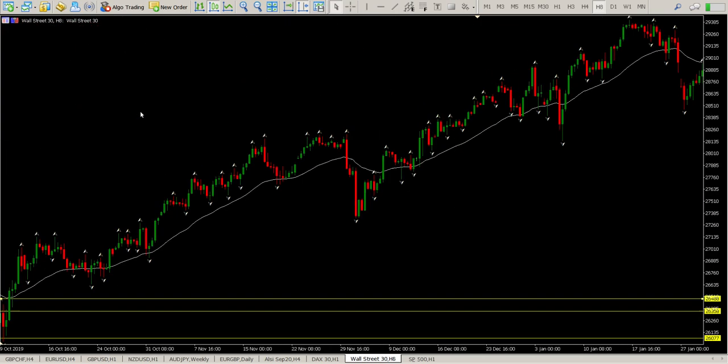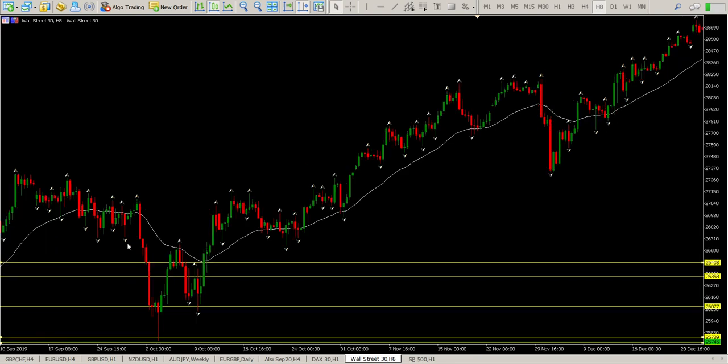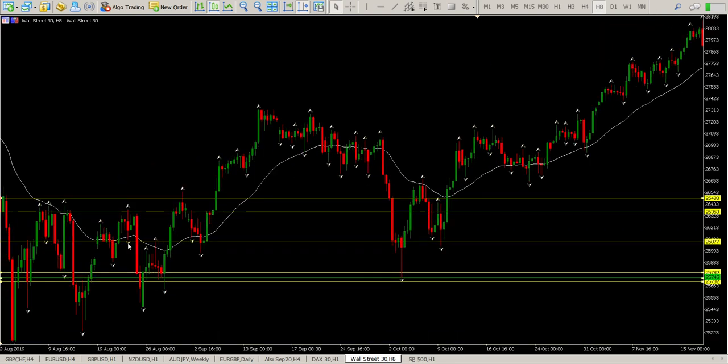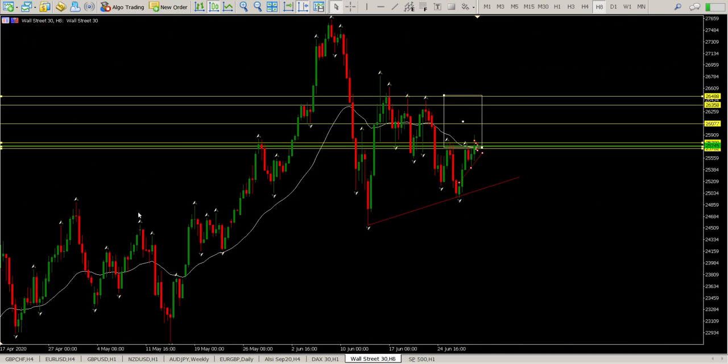Nothing really here that warrants a level. I think this area below it is a little bit better. So 26,358 is my target. 26,358 is the target for the move to the upside. Then I would expect some kind of a pullback, probably to test the breakout of this trend line, and then it'll give me another opportunity for the long.